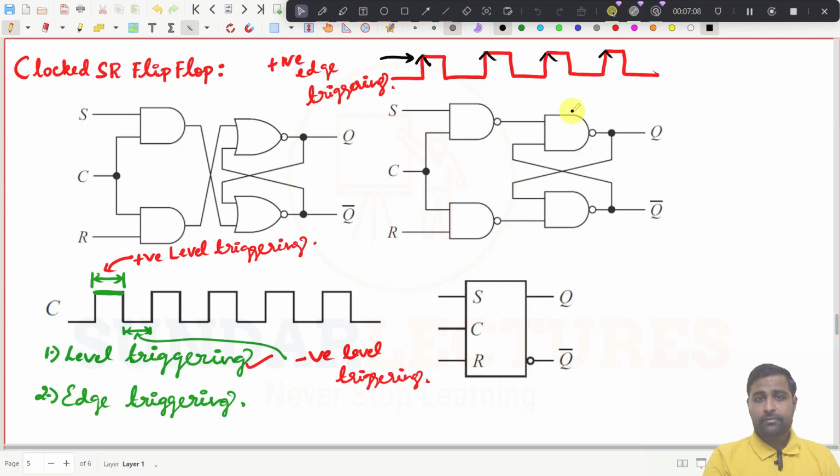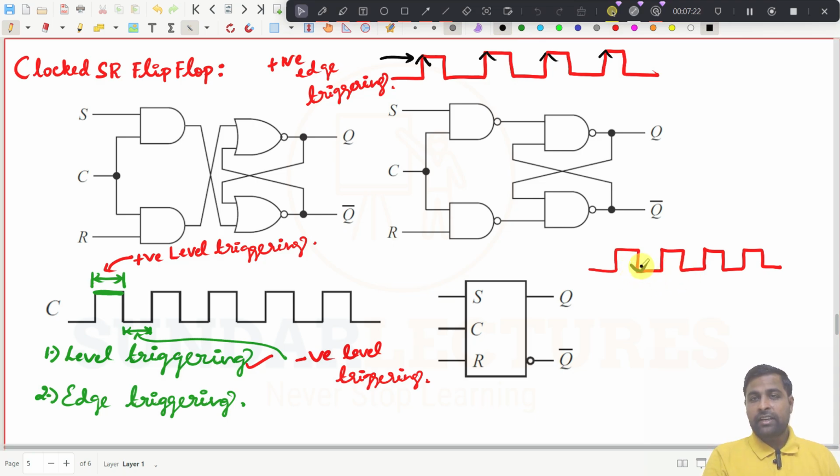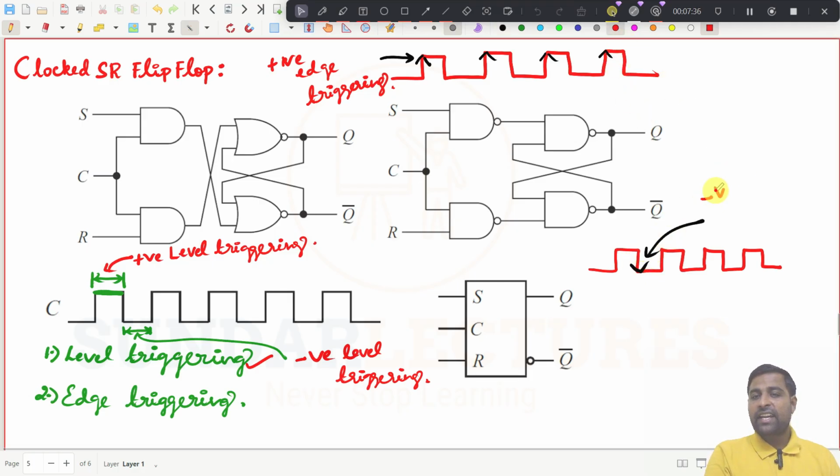And the same diagram again, like this. And if the SR flip flop is seeing the input S and R at this instant, when the pulse is down, then we will call this negative edge triggering.